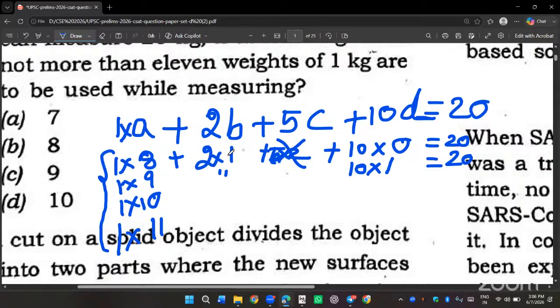We will solve one by one. For example, 8 1 kg weights we have completed. Then second point, so here 2 times completed. 2 ways I can say.